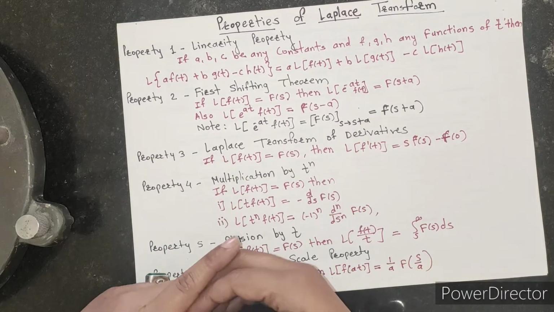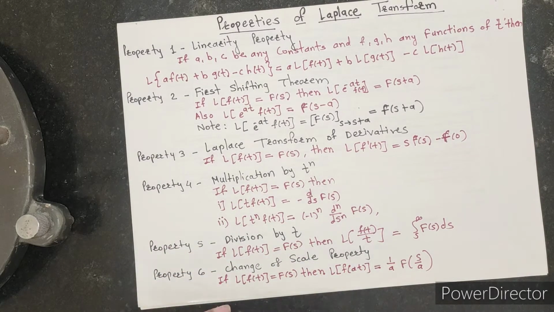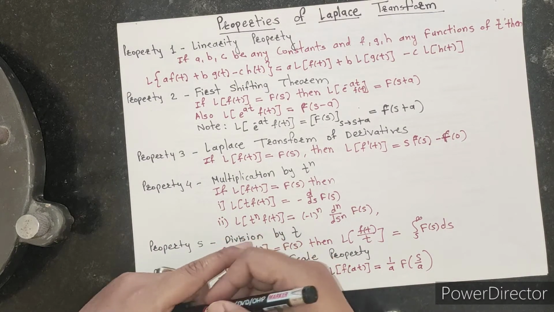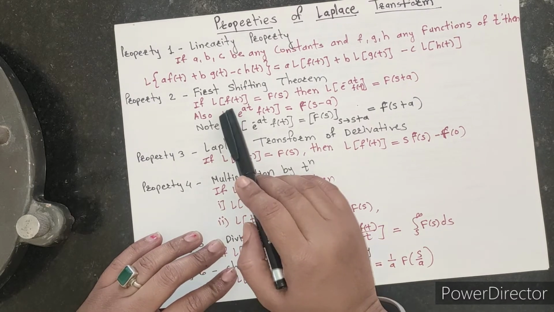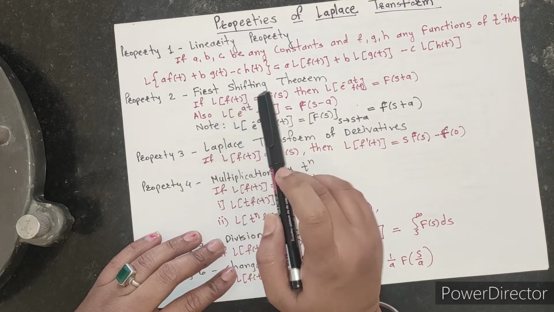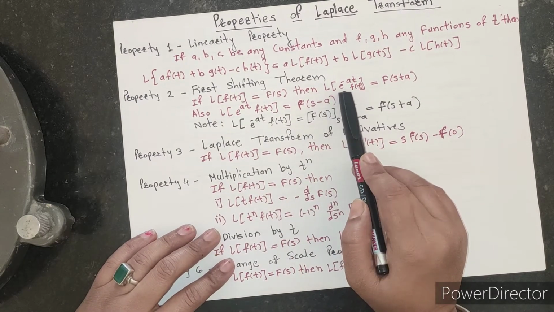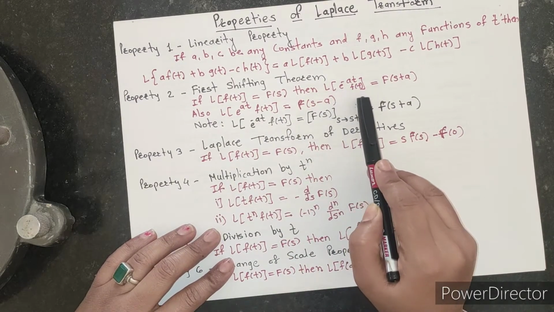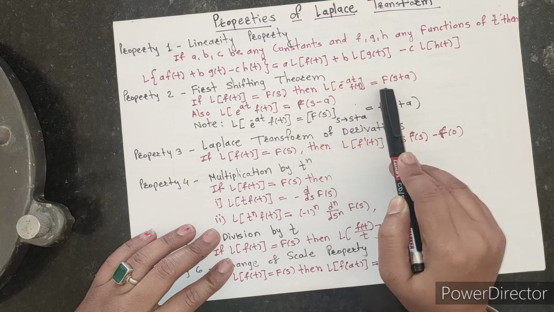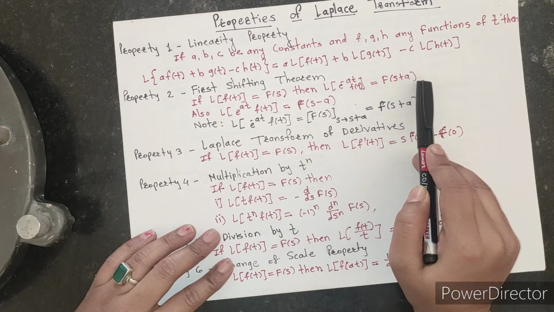Now second property. Second property is first shifting theorem. If Laplace transform of f(t) is equal to F(s), then Laplace transform of e raised to minus at into f(t) is equal to F(s plus a).